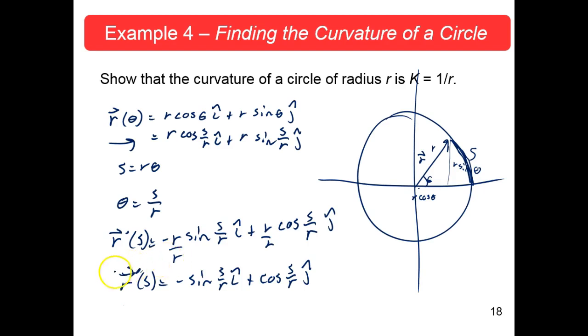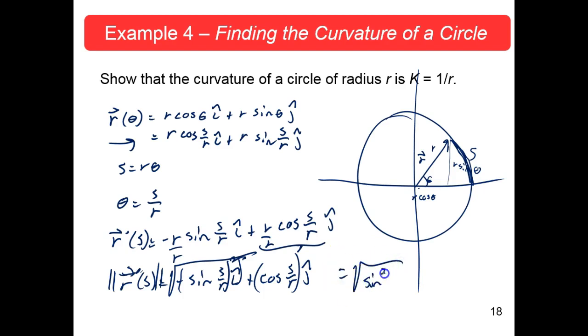When you take the magnitude of that, you will have the square root of this thing squared plus that thing squared, right? And what would that be? The square root of sine squared s over r plus cosine squared s over r. And that is going to be 1.